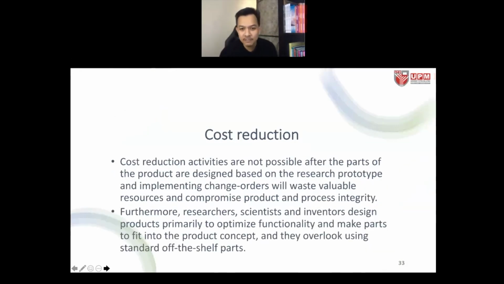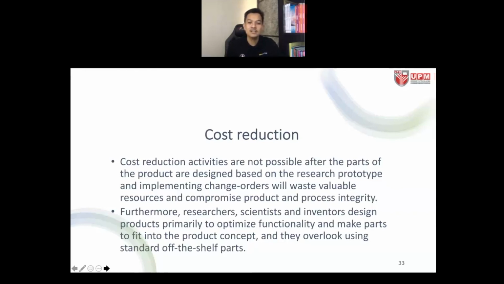So cost reduction activities are not possible after the parts of the product are designed based on the research prototype, and implementing change orders will waste valuable resources and compromise product and process integrity. Okay.